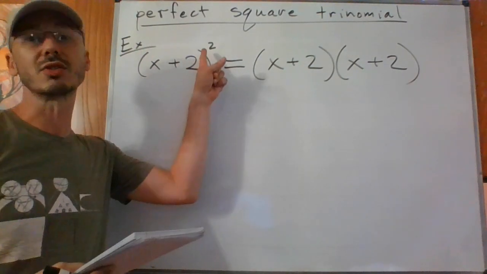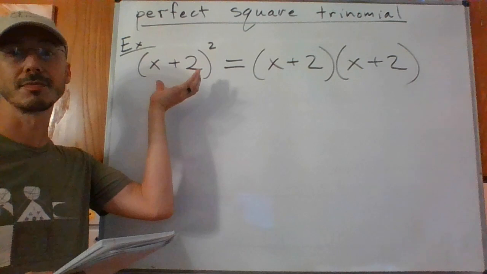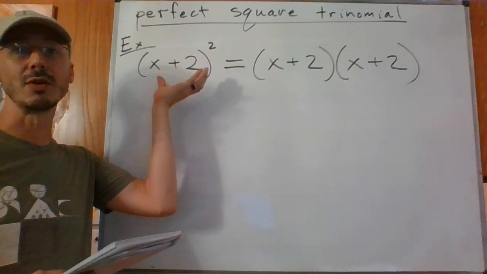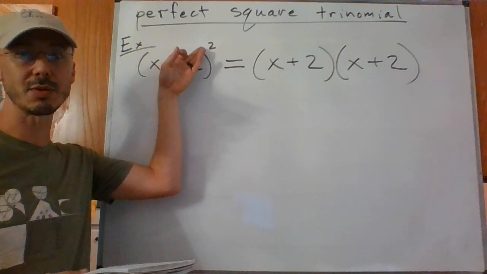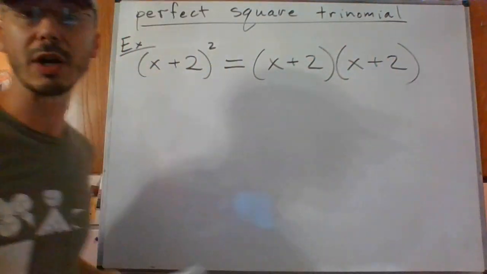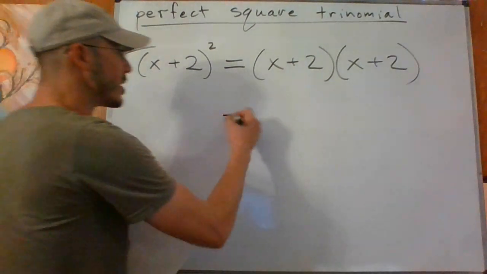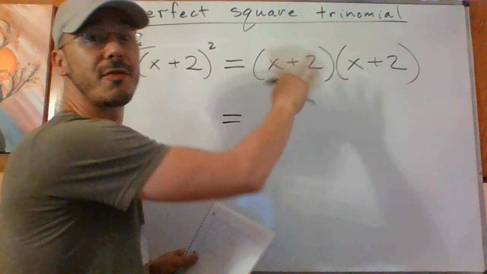You can't distribute an exponent to a sum. You have to take that thing that's supposed to be squared and multiply it by itself. That's what square means in arithmetic. So this is a FOIL situation.